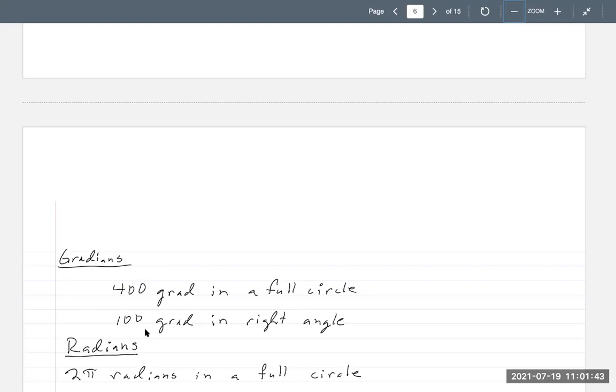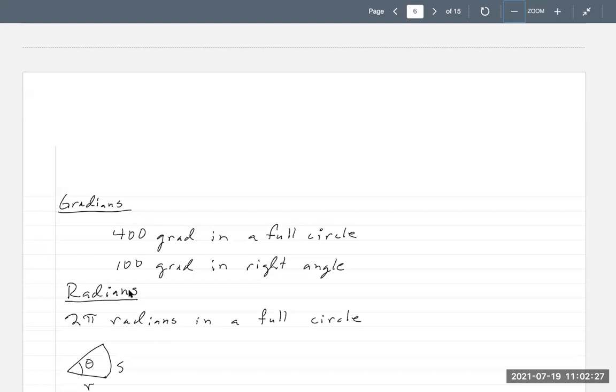They use that because 100 is easier to deal with than 90 in our base 10 system. If you're doing base 60, actually 90 is easier, so in base 60 the 90 makes sense. But in base 10, 90 is not as easy to deal with. So American civil engineers use gradians: 400 in a full circle, 100 in a right angle.